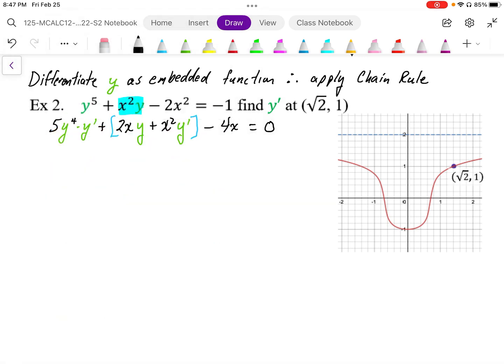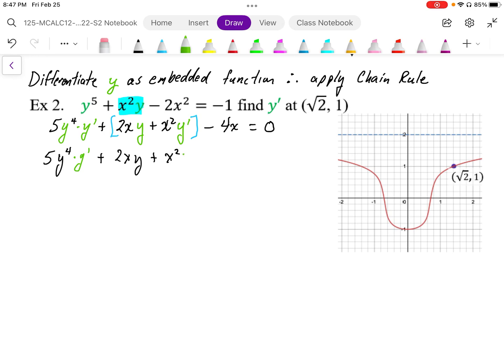I'm going to group together my y prime terms. So I'm going to have 5y to the power of 4. Actually, I'm just going to keep that in black because really I'm just now interested in the y prime. So there's my y prime plus 2xy plus x squared.